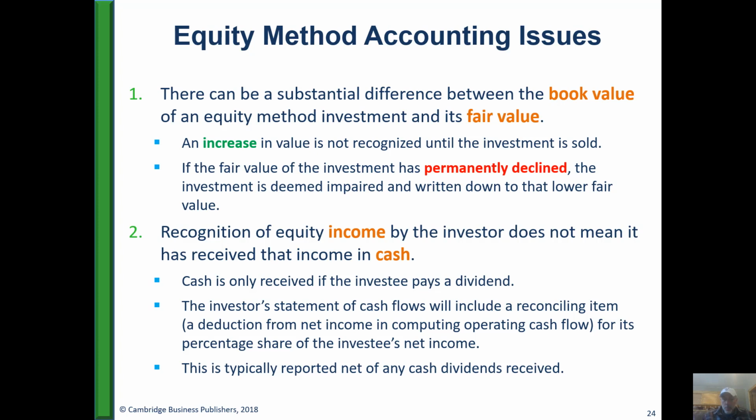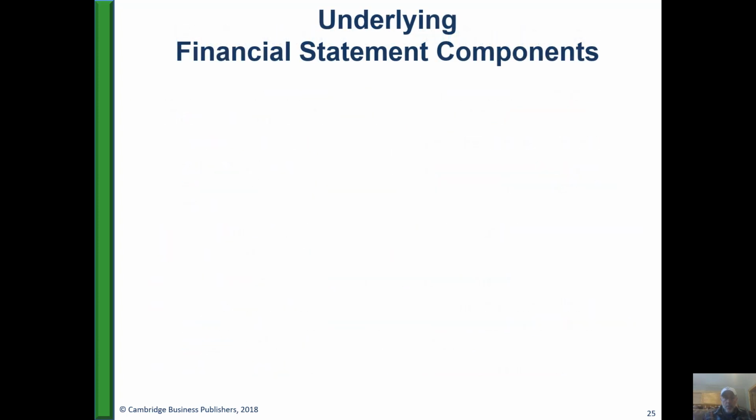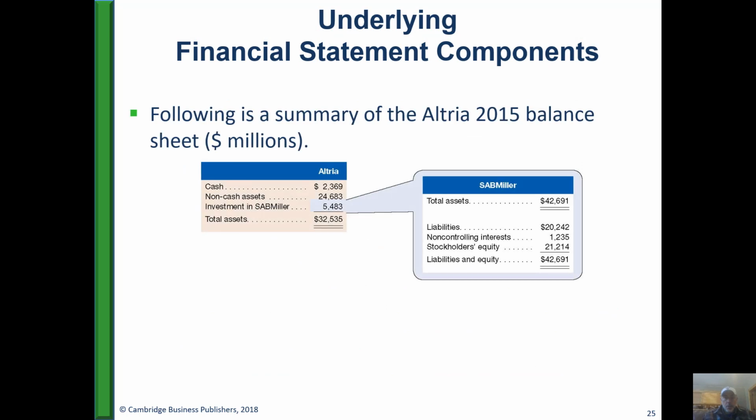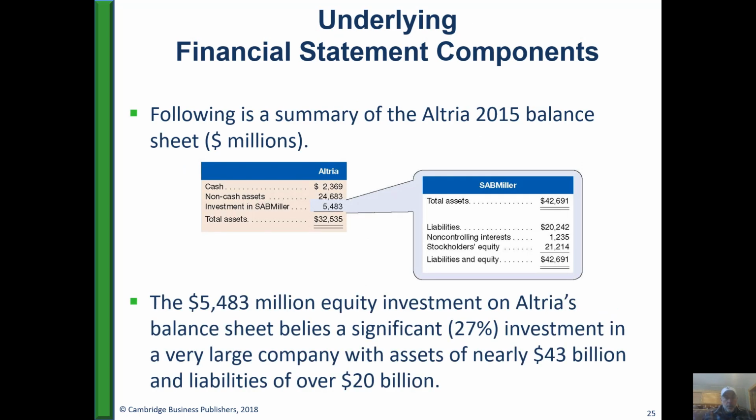Okay, and then we covered all the points on the bottom of that slide there, so let's move on to the underlying financial components. In this example, we're going to take a look at the investment in SAB Miller on Altria's balance sheet in 2015, which showed up as exactly that, an investment in SAB Miller.